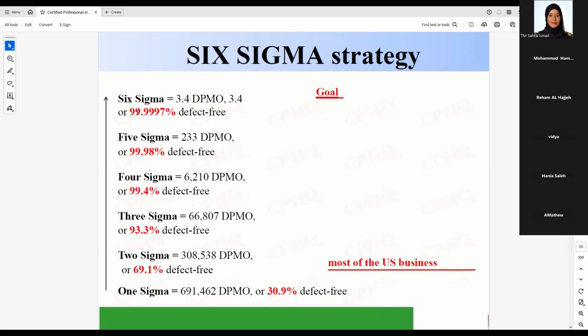So think of a place where for every million identification processes, you only have 3.4, for example, issues. For every million procedures that you do, you have 3.4 defects or challenges or issues out of the million procedures that you do.